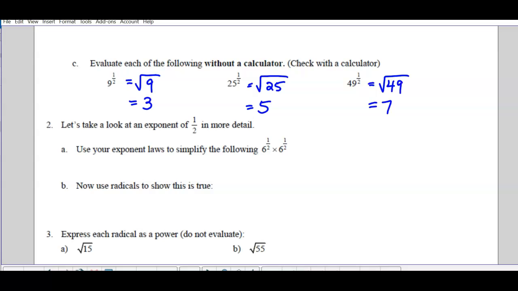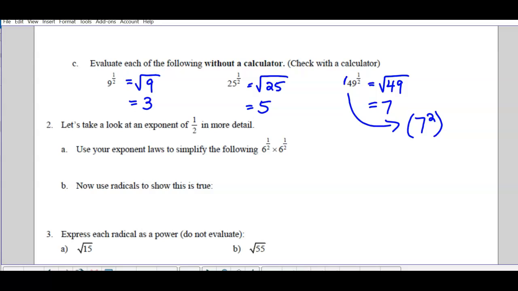Another way to show that is breaking down the radicand into a power. 49 is 7 squared.